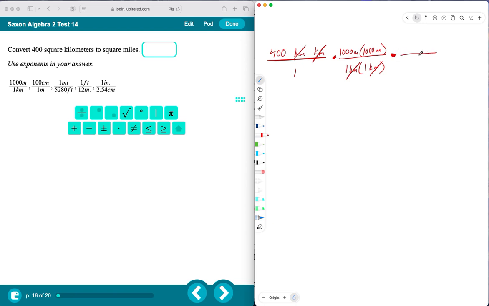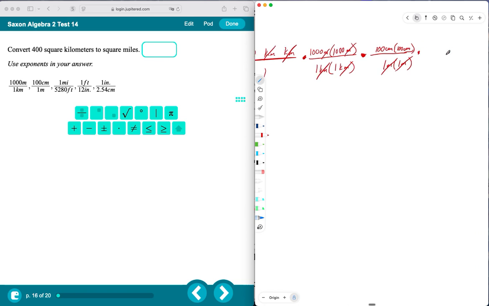Okay, so now we're going to go from meters to centimeters. So 100 centimeters, 100 centimeters over 1 meter times 1 meter. Cancels meters. Now we're going to go from centimeters to inches.